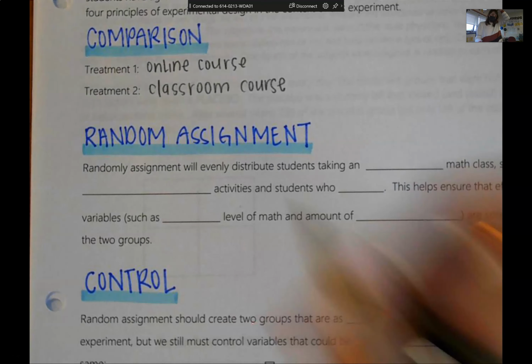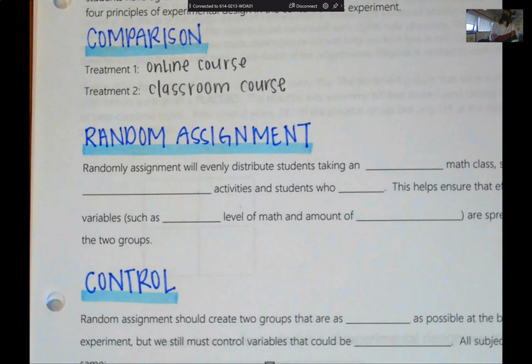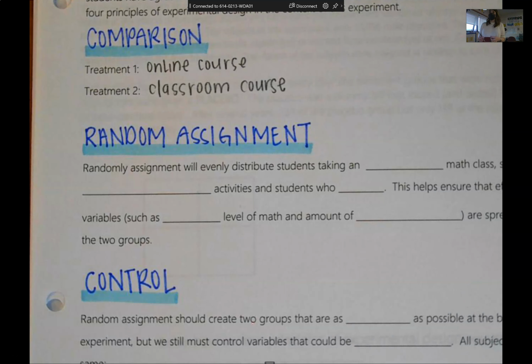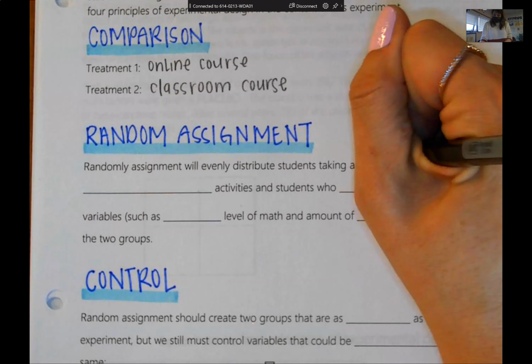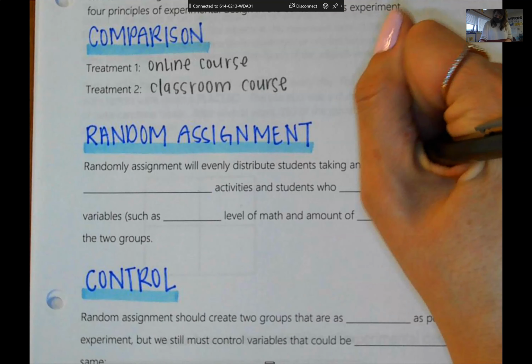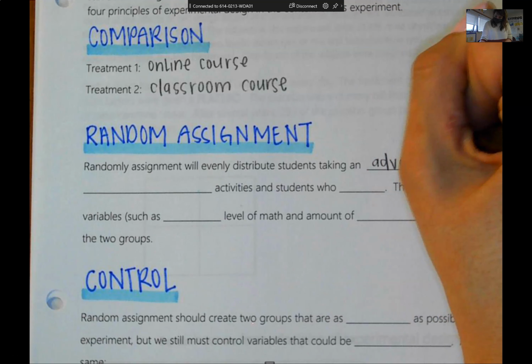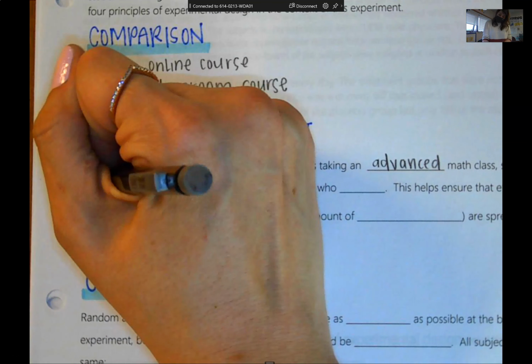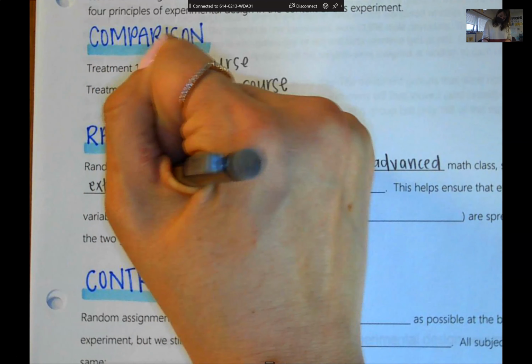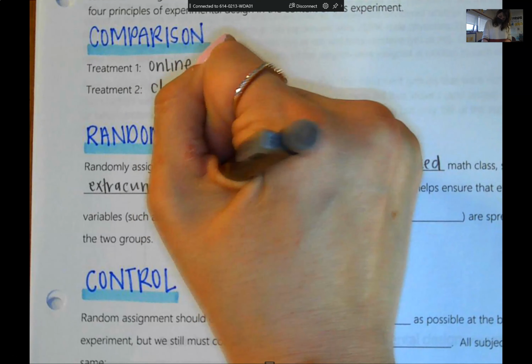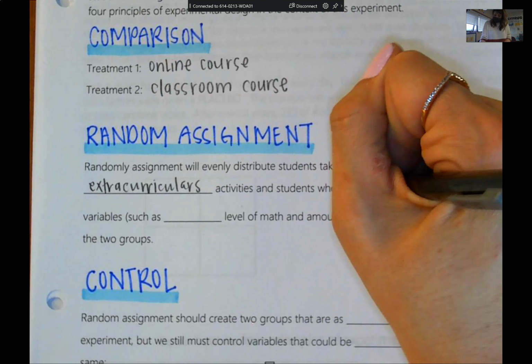So this below then is a description of why random assignment is important. So random assignment will evenly distribute students taking an advanced math class, students with extracurriculars, and students who work.